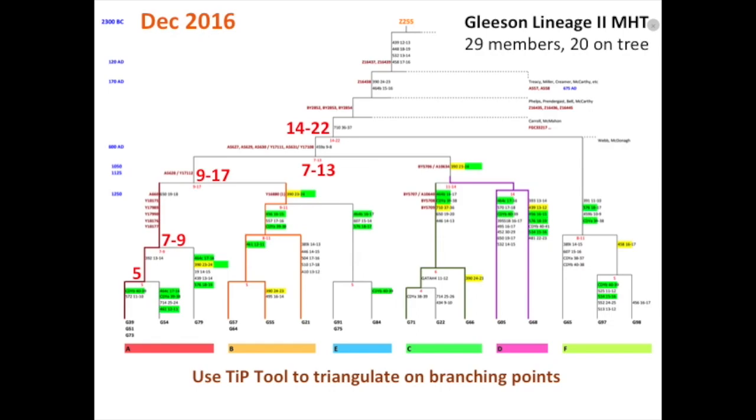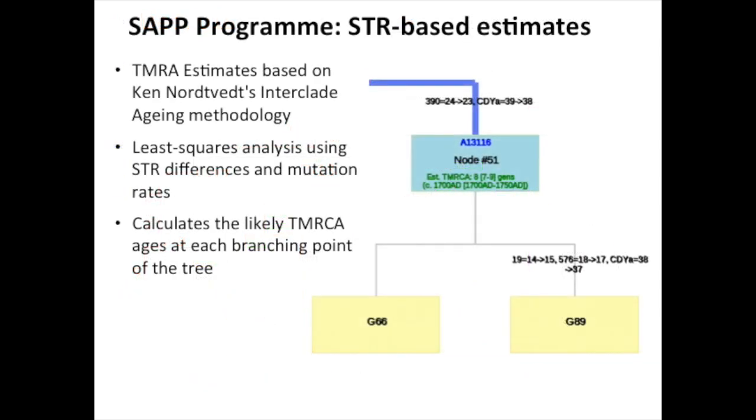Is there anything better? Well, we can use the SAPP Programme. And Dave's SAPP Programme, his TMRCA estimates are based on Ken Nordtvedt's interclade aging methodology, which I don't know a lot about at all. But it is a least squares analysis using STR differences and mutation rates.